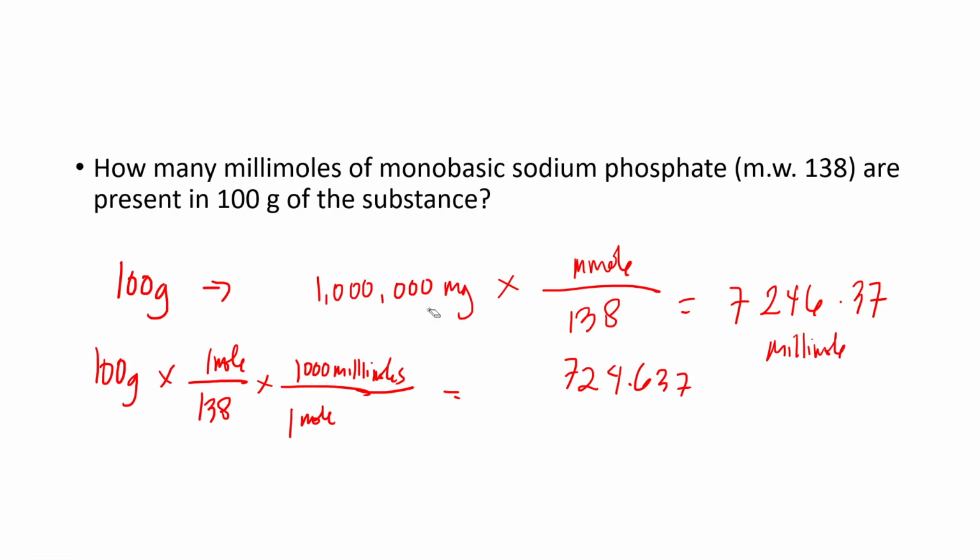Sorry, I made a mistake on my numbers. It's 100,000 milligrams, not 1 million milligrams. Okay, so this is the answer. If we started with grams, you're going to get moles. If you started with milligrams, you're going to get millimoles. So it's up to you what path you're going to take.